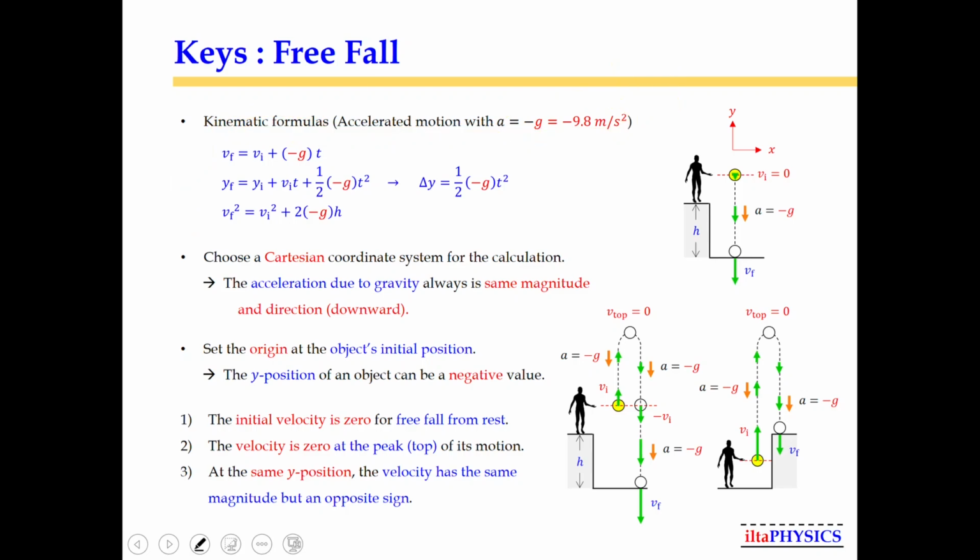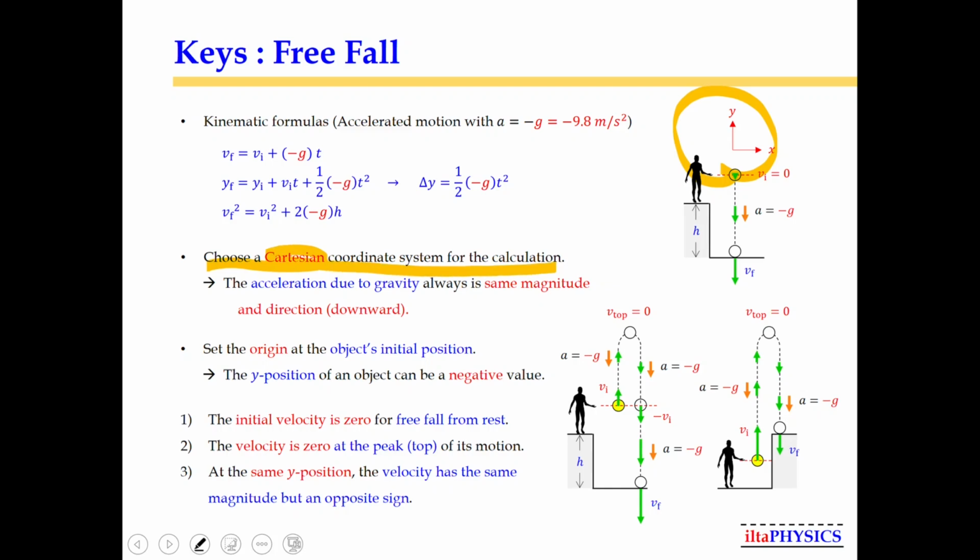To accurately use these formulas, we first need to set up a coordinate system. As a quick review, remember that setting up a coordinate system includes choosing the origin and deciding which direction is positive. Depending on the problem, you can choose any coordinate system that makes the math easier. However, for free fall, using a standard Cartesian coordinate system is usually the most effective.